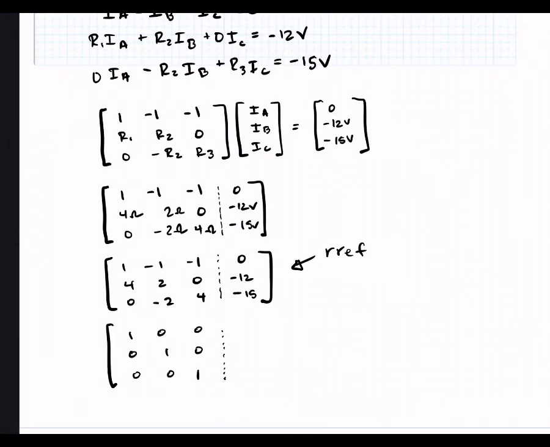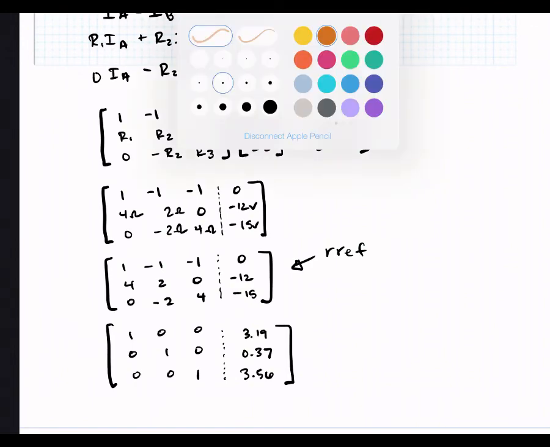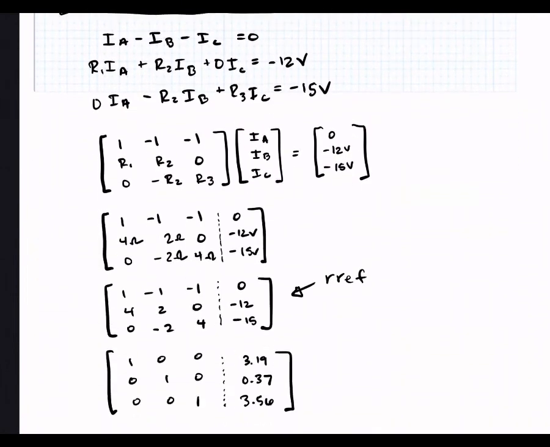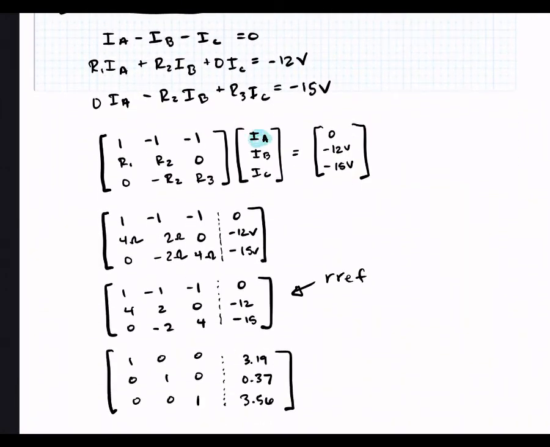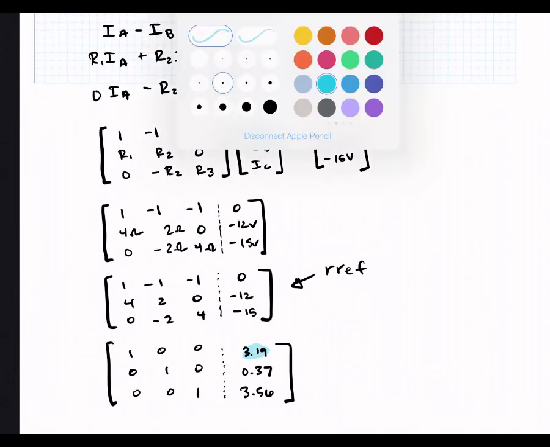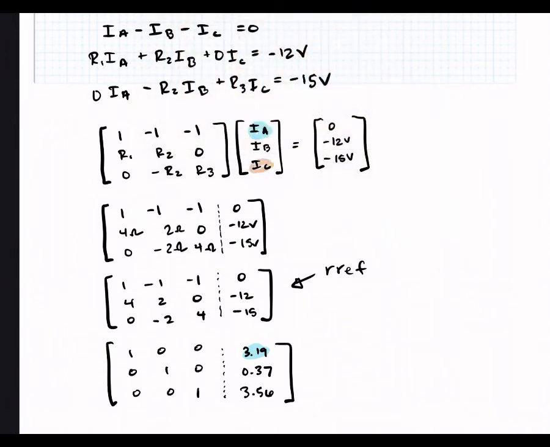So this should be 3.19, 0.37, and 3.56. So you can see this is, let's see, IA, IC, and this is going to be your IB.